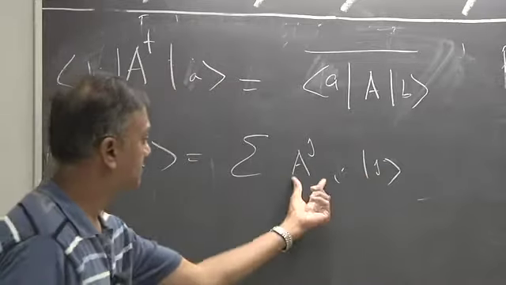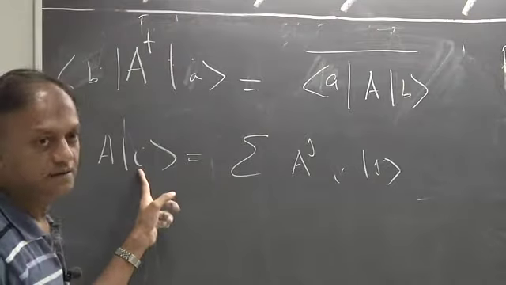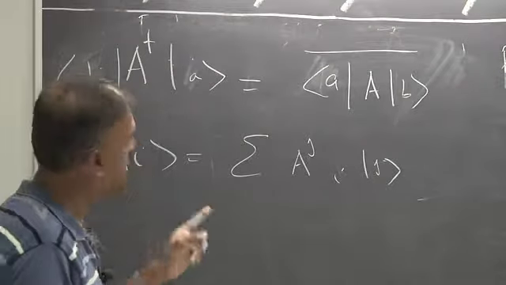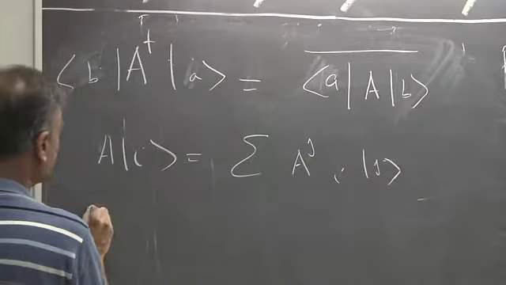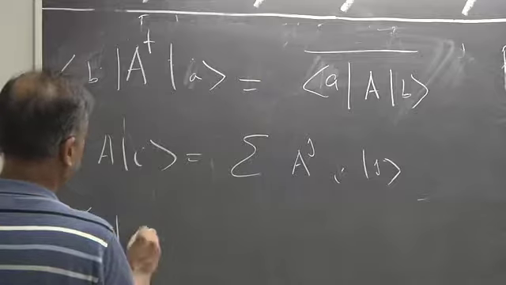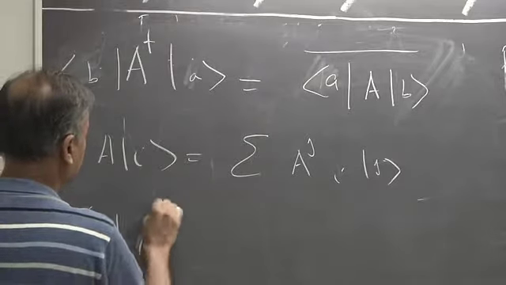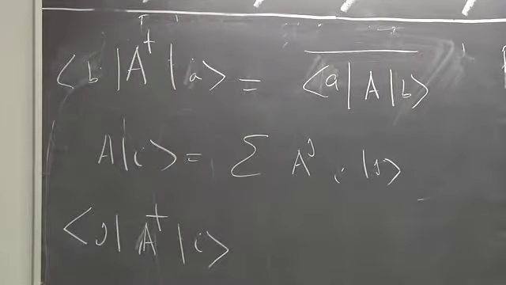So the matrix corresponding to A was defined by studying its action on whatever basis you have chosen. Okay. So let's in particular look at this object. We want to look at the inner product of e_j with A dagger e_i. Let us see what this object is.